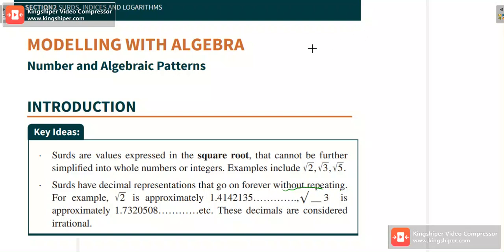If I pick a decimal like 1.41414141 and so on, here we can see a clear pattern that 4141 is repeating. We call that recurring decimal.